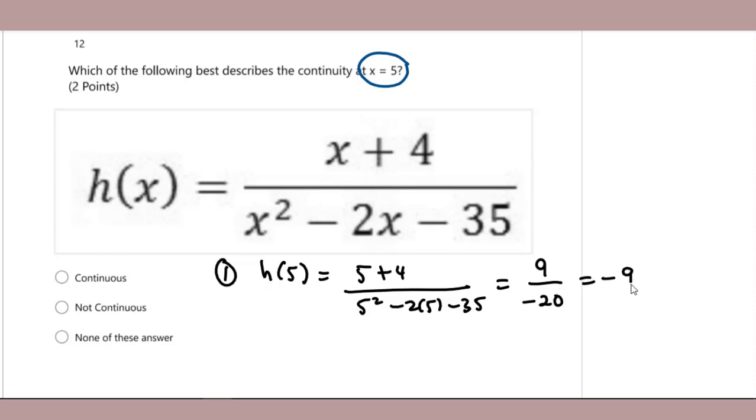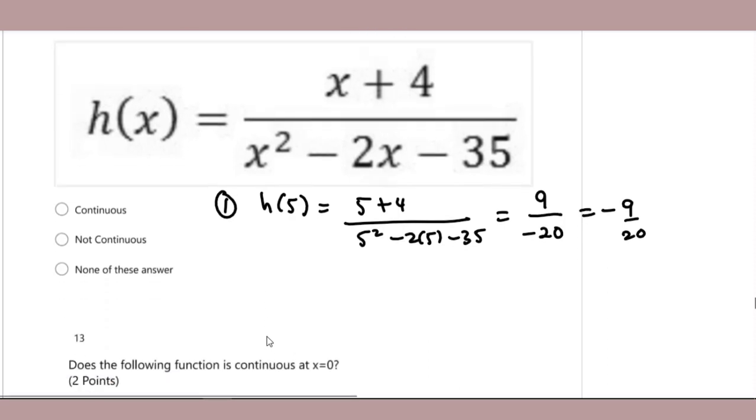So it is negative 9 over 20. And then let's find the limit when x approaches 5 on the left and also on the right.